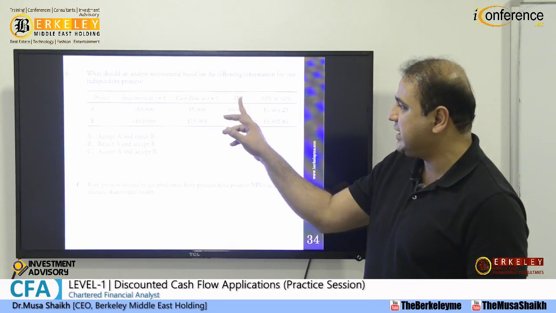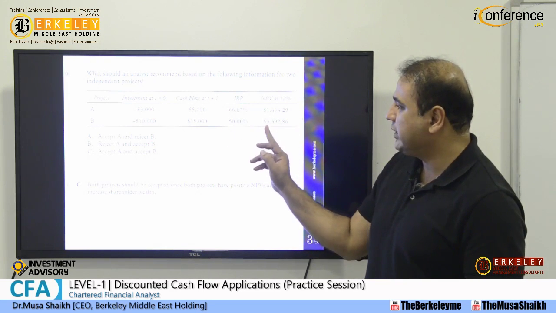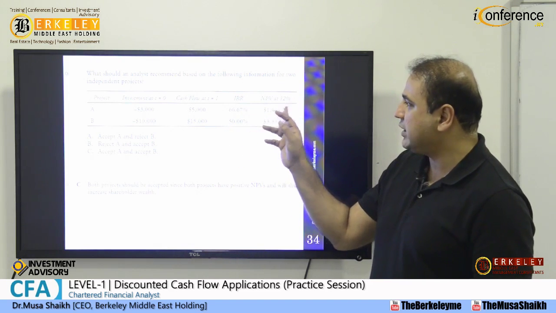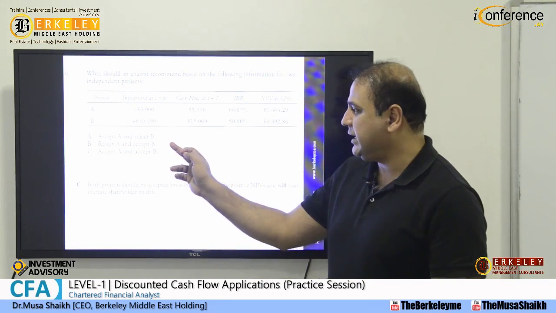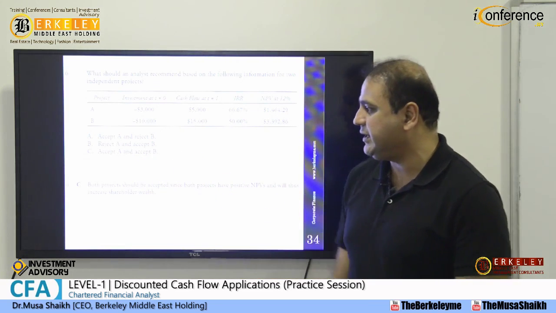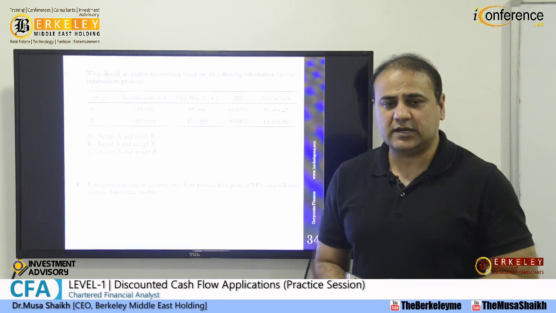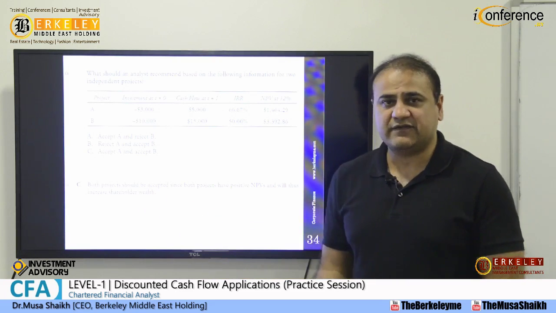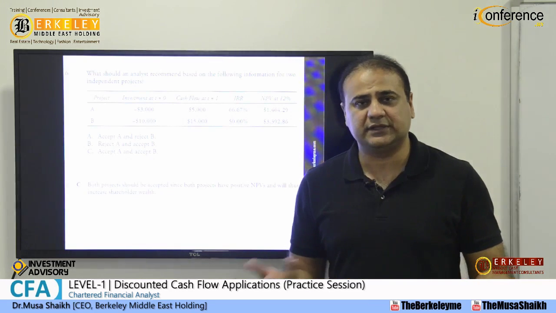Cash flow at 1 is 5,000 for A and 15,000 for B. The IRR of A is more and the present value for B is more, while the IRR of B is less and the present value for project A is less. The options are: accept A and reject B, reject A and accept B, or accept A and accept B. According to the knowledge, if there are independent projects and both have positive NPVs, you don't have a capital rationing issue, there is no money problem, you have unlimited funds.